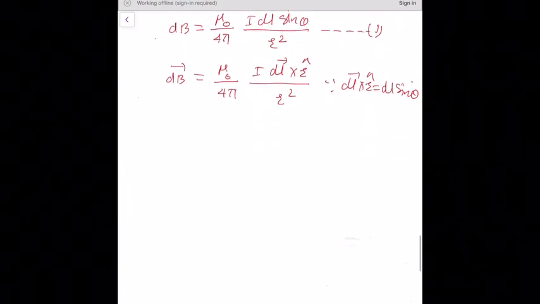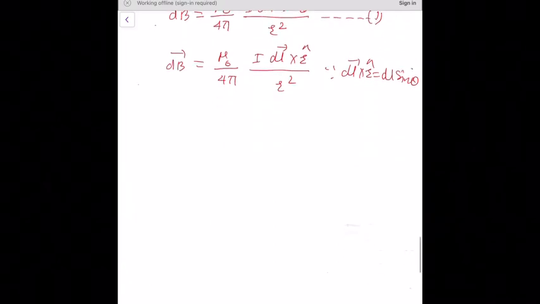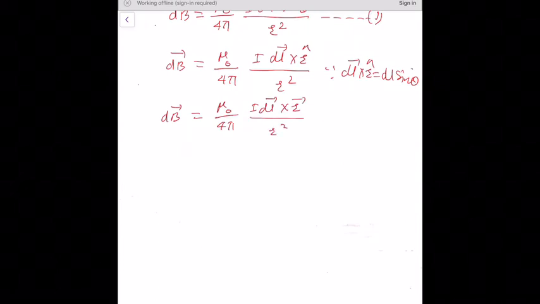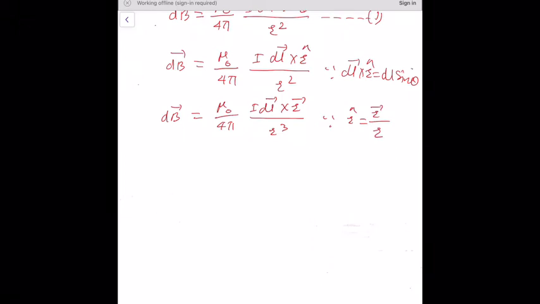Clear? Next, dB vector is equal to mu naught upon 4 pi I dl vector cross r vector upon r cube, since r cap is equal to r vector upon r.